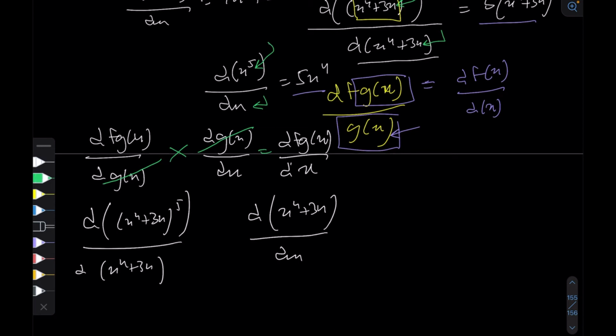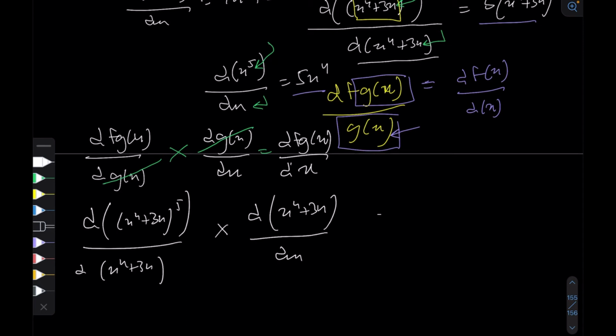What we just did is split it into two: first asking what was the change in terms of g(x), and then asking what was the change of g(x) in terms of x. When you multiply them, it gives you the same question that we asked before.